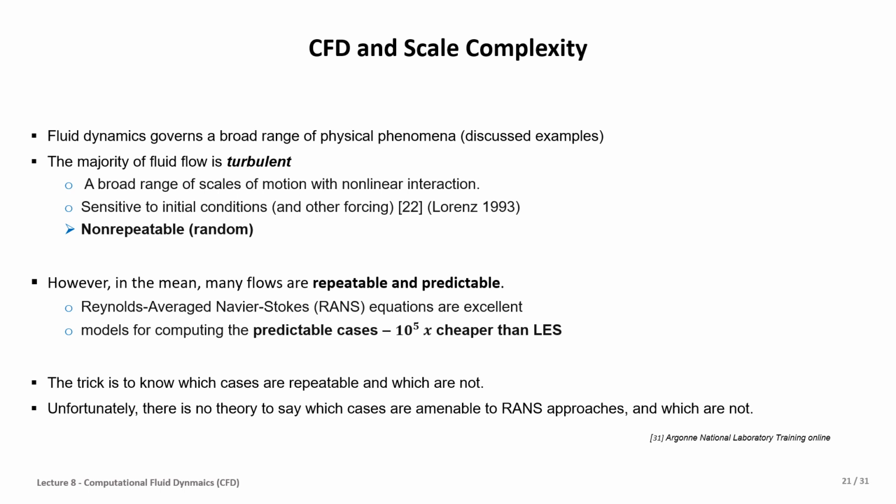In turbulent flow, there is a broad range of scales and high dimensionality with non-linear interaction. There is also a point that it is sensitive to initial conditions. In fact, in the initial condition, usually there is a perturbation. From the view of experiment, for example, if we are performing an experiment with a similar setup, every time we run this experiment, we will never get the same condition.